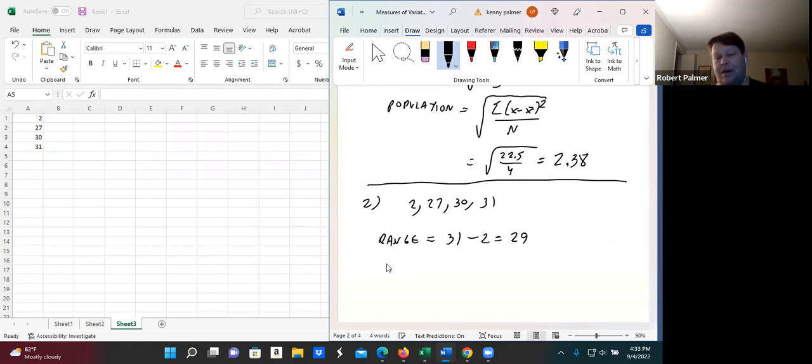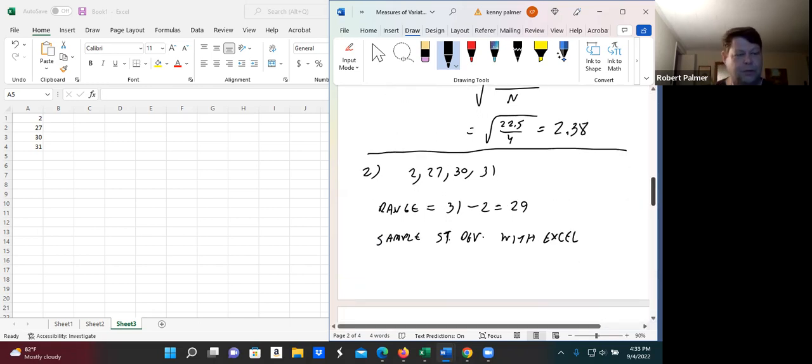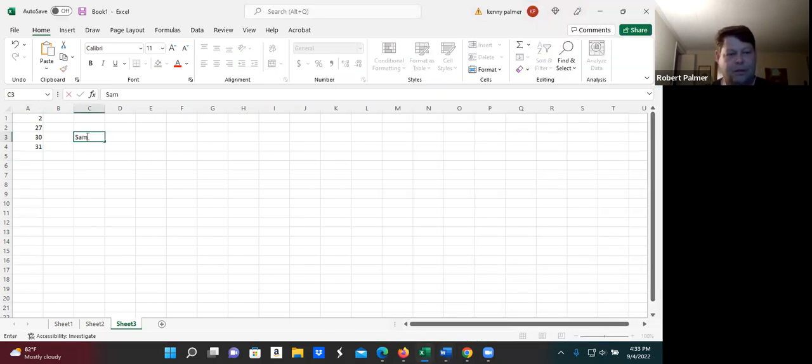Now then, the sample standard deviation. Let's use Excel and do that over here. So the sample standard deviation, I'll just do it below.